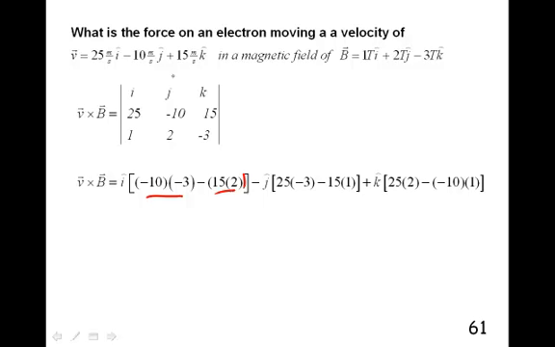Okay, then to find the J component, I get rid of these and say it's 25 times -3 minus 1 times 15. There it is. And remember, that's minus the J. Students say, well, why should it be minus the J? And my answer to them is, why should it be anything? It's just the way it is. Okay, then to get the K, we get rid of these two.